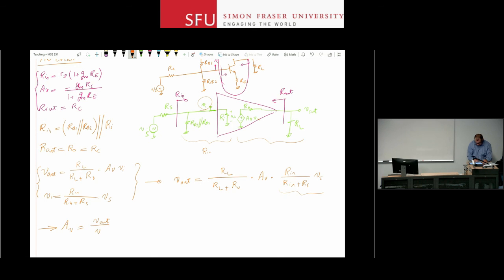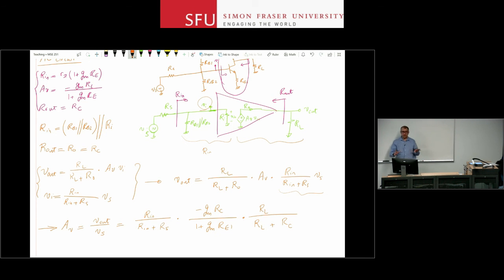So Vout over Vs is, okay? So that's the voltage gain.